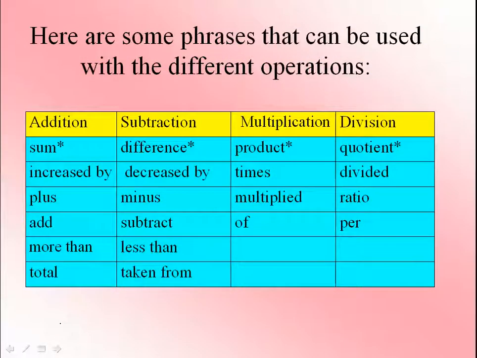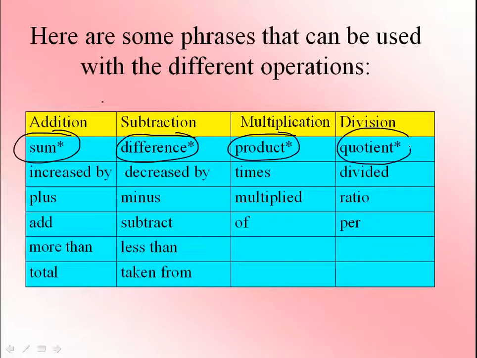Here are just some of the many phrases that we're going to be using when we talk about translating algebraic expressions. Notice that in the first row of each of those, there's a star by those words. We have sum, difference, product, and quotient. These words are important because what they mean is the answer to that type of problem.